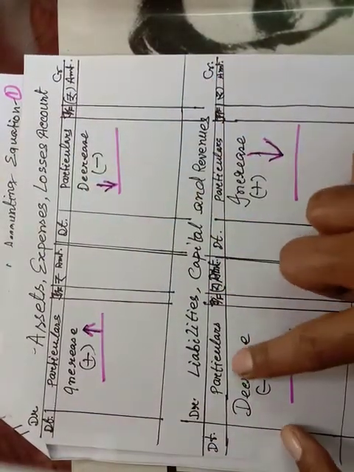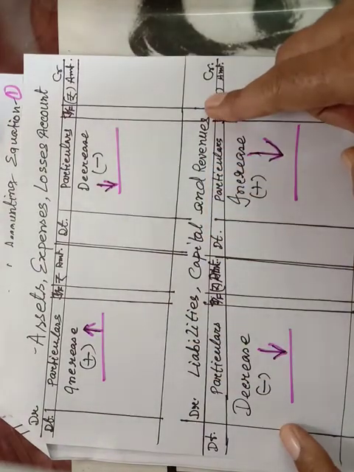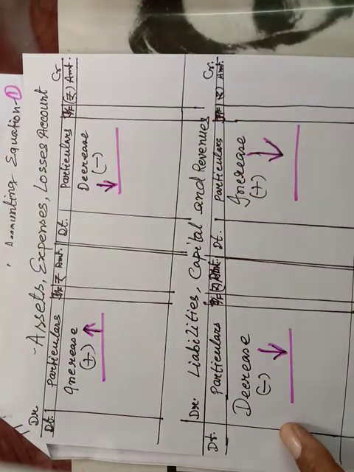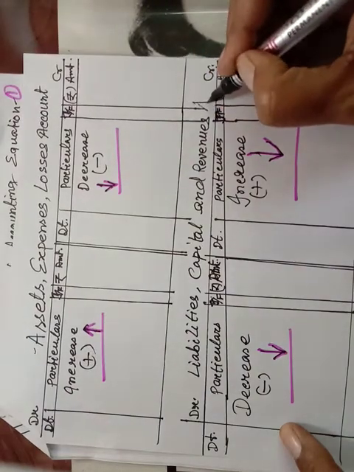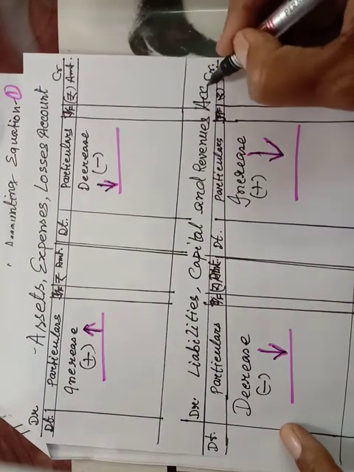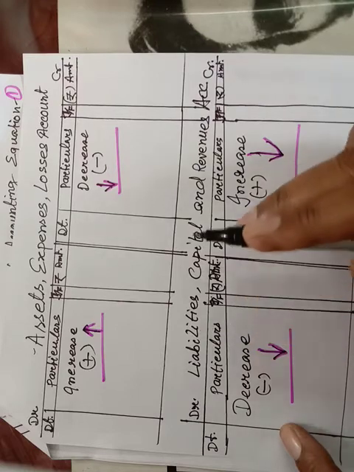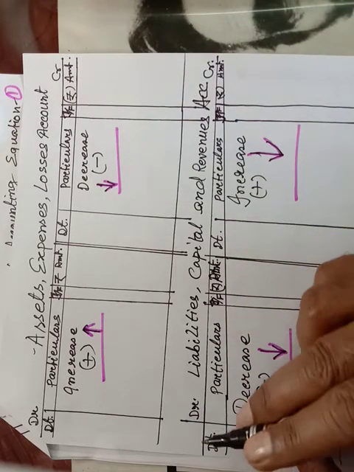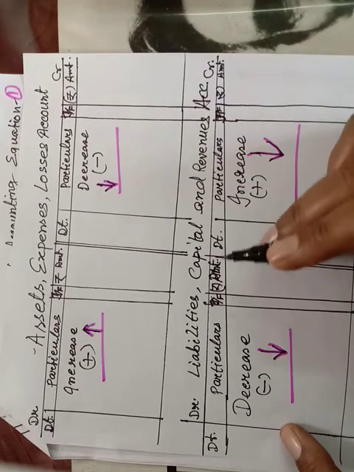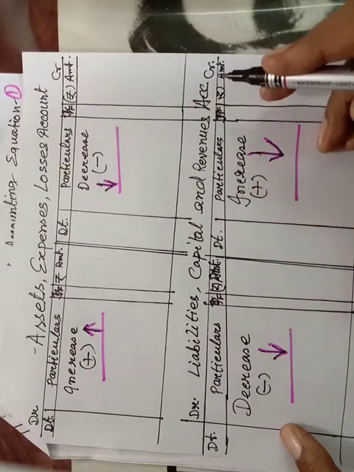Now these three: liabilities, capital and revenues accounts. Debit when decrease, credit when increase. So this is the presentation in a different form of what you have written there in the statement.